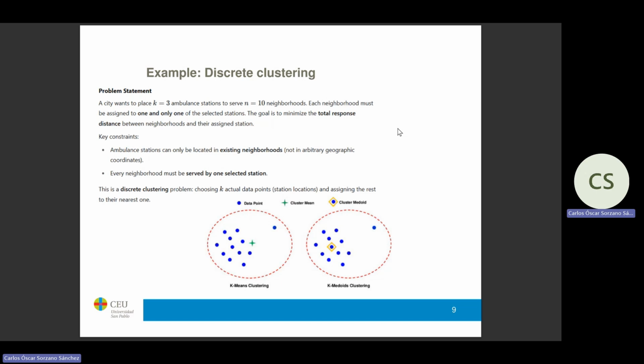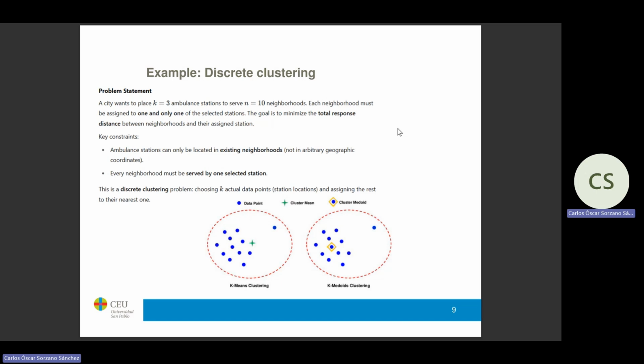So not all the neighborhoods will have an ambulance station, and each neighborhood has to be assigned to one and only one of the stations. And the goal is to minimize the total response distance between the neighborhoods and the assigned stations. So the constraint is that the stations can only be located in existing neighborhoods.